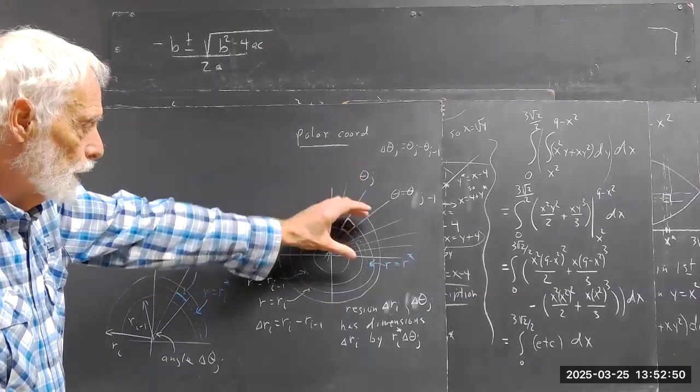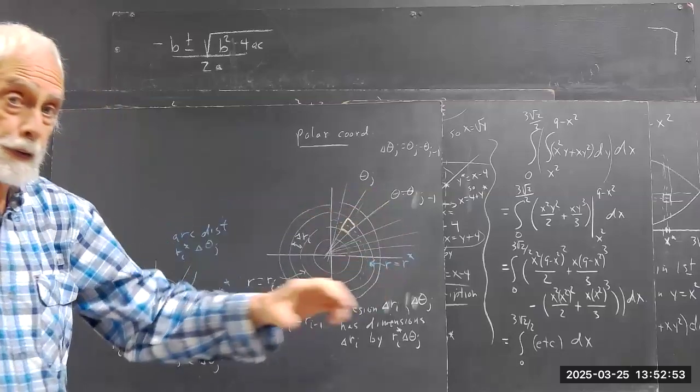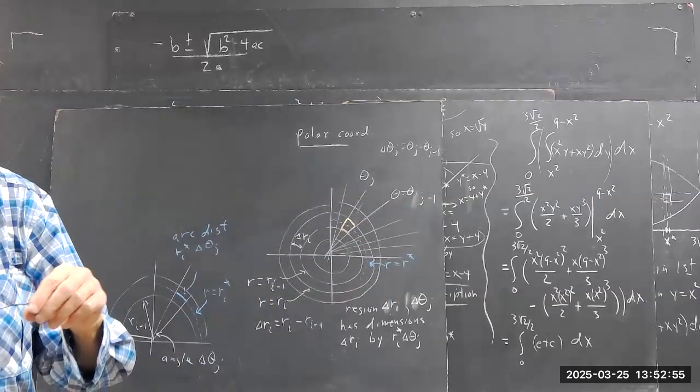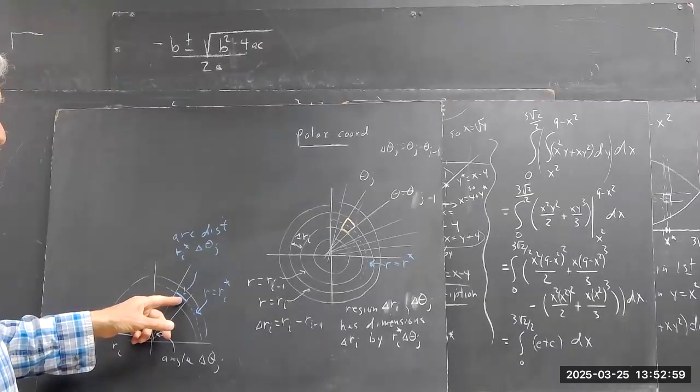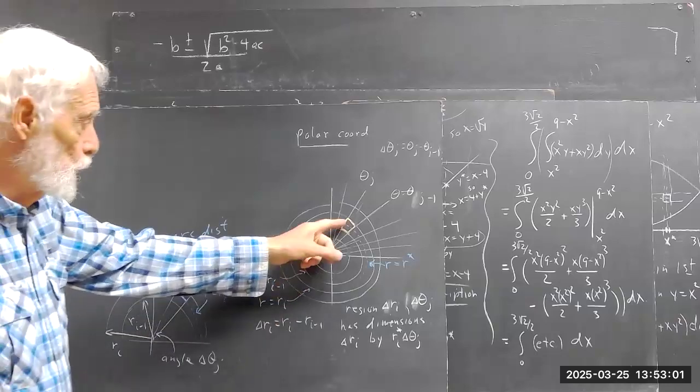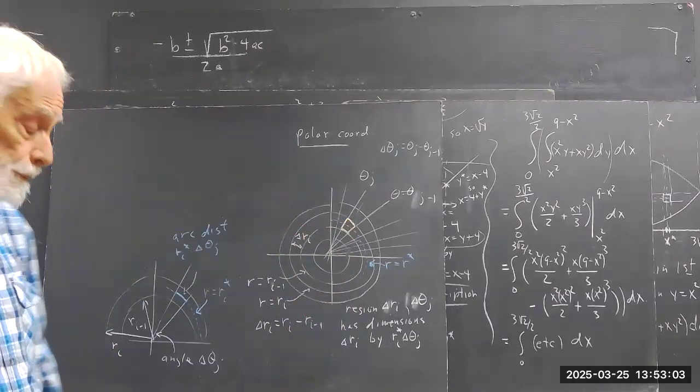If your delta thetas are small, in other words, if these radial lines are close together, this is almost a straight line, and this can be taken as the width of this region.